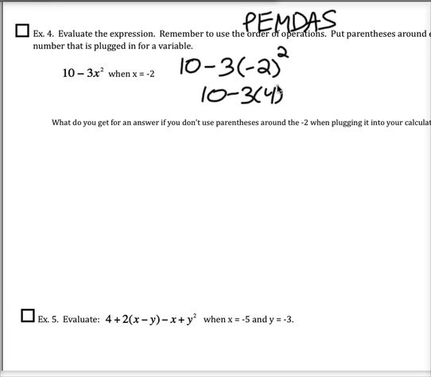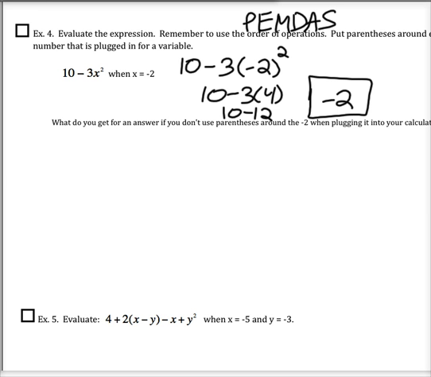After that, multiplication. 3 times 4 gives us 12. After multiplication and division come addition and subtraction. So finally, you will get an answer of negative 2. So that's how you can actually work it out. Otherwise, do try plugging it into your calculator just as you see it. It should give you the right answer if you're using a TI-83 or TI-84.